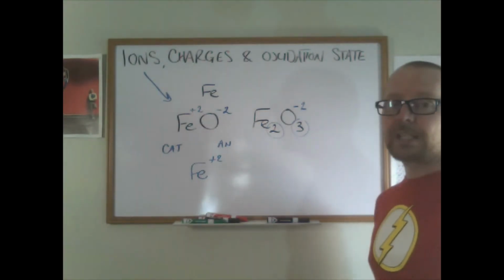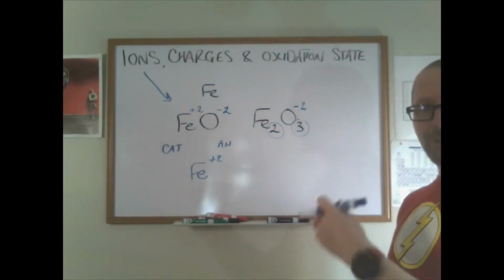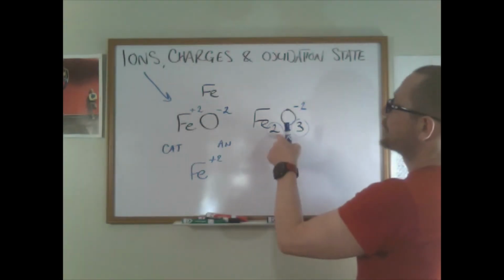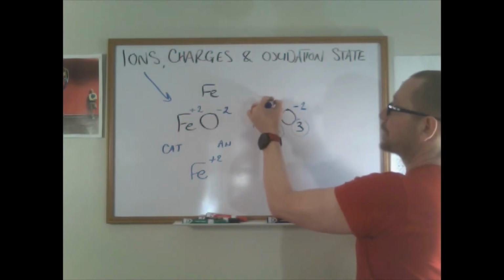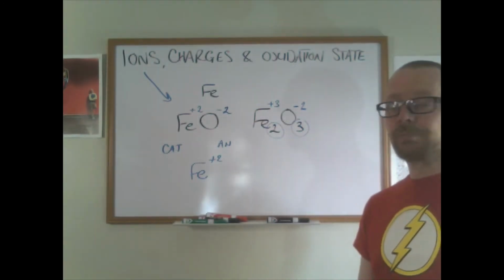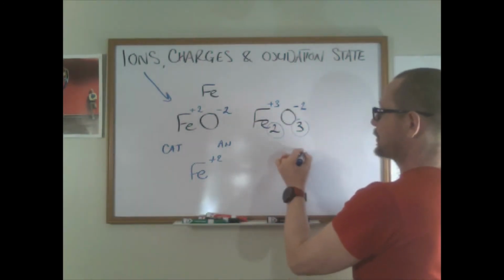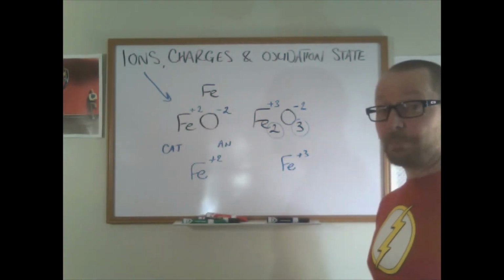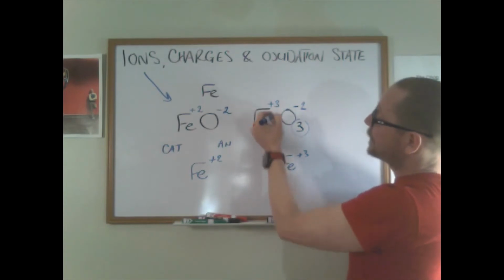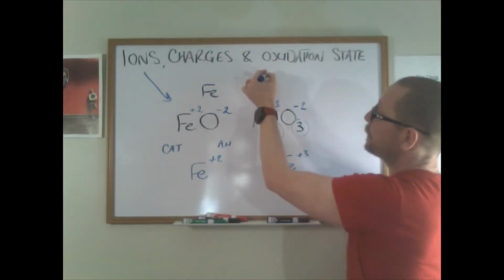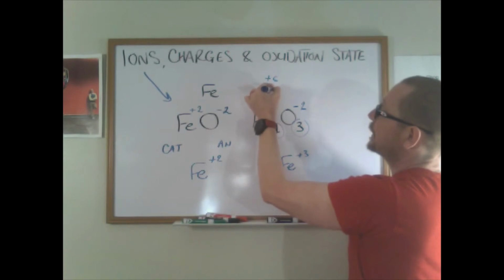So the trick that we use is to crisscross, okay? 2 and 2, 3, +3. So here we have an ion at +3. Now this is really, really simple. I have 2 atoms at +3. 2 times +3 is +6, right? 2 times +3 equals +6.